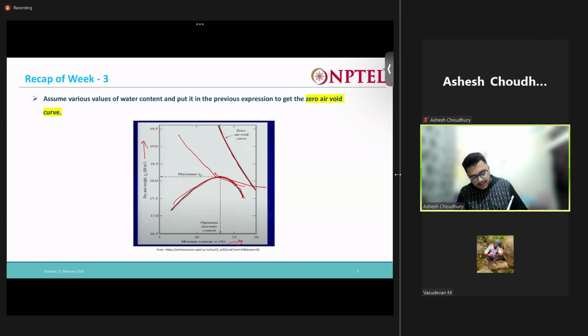For this water content, this is the maximum dry density which we obtained, a little above 18, right? This is the dry density that we obtained for our optimum moisture content, maximum dry density. But theoretically, the dry density that you can obtain is much higher. It will be somewhere here. Theoretical maximum is this one, but practically only up to this much we can obtain.